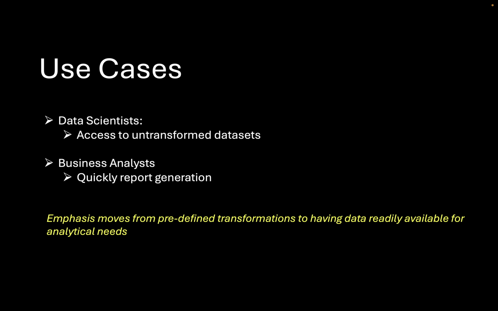So here, anybody that needs to use the data will have the data in its raw form, and then from there they can decide what to use that data for, which is different from ETL, where you predefine the transformations before you bring it into your data warehouse. So there's a lot of flexibility again when it comes to ELT instead of ETL.